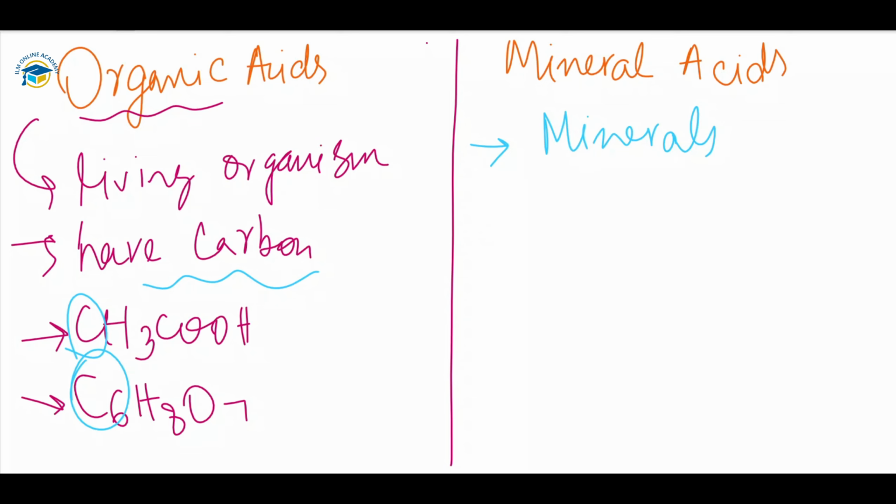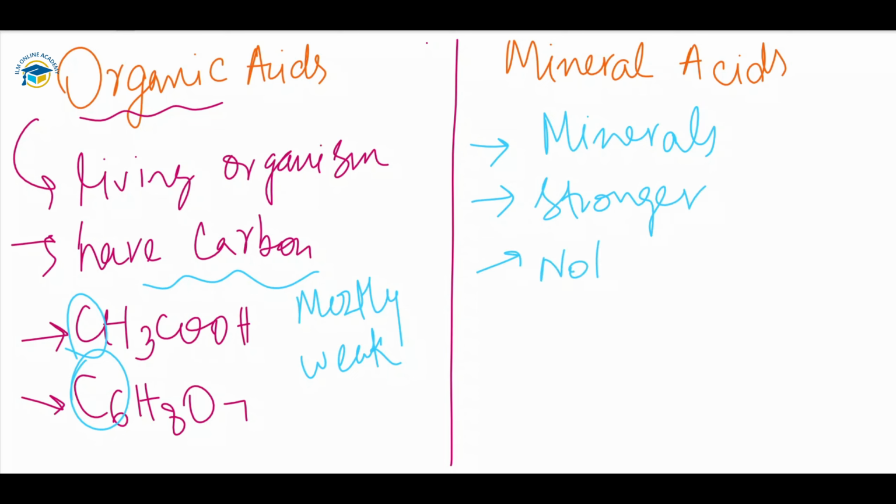They are often stronger than the organic acids. Organic acids are mostly weak acids which have pH like 4, 5 or 6. Mineral acids are much stronger as compared to the organic acids and do not contain carbon in their molecular structure.